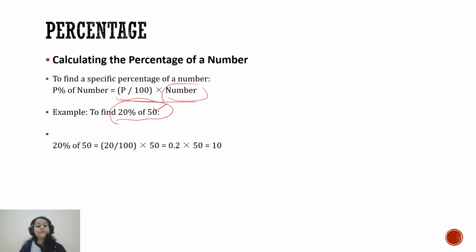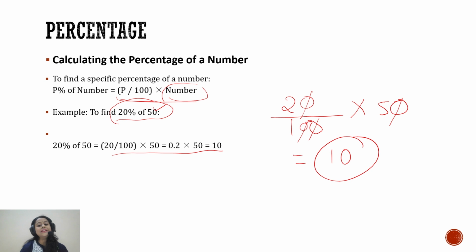To find this value, we have to divide 20 by 100, because we want to represent it in terms of 100, into the number which is 50. The zeros will cancel out, so you'll get 10. So 20% of 50 is 10. This is how you can find a particular percentage of a number. So this is the formula.